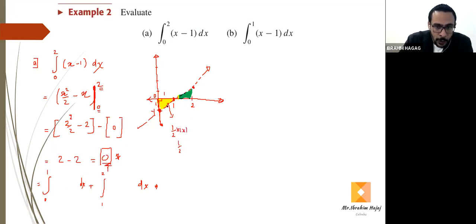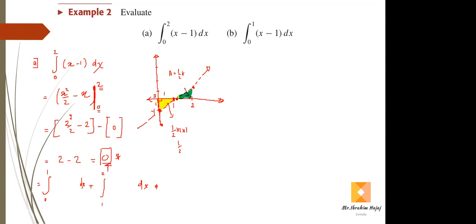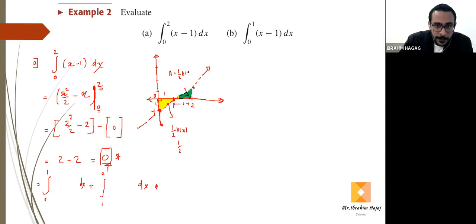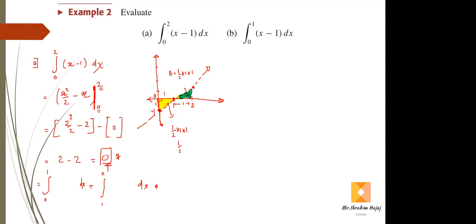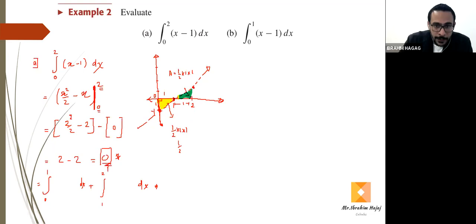And the area of the yellow triangle is half. The area of the green triangle is A equals 1 over 2 times base times height, and the base is 1, times 1, because I'm gonna move 1 right and 1 up, so the height of this green triangle is 1.